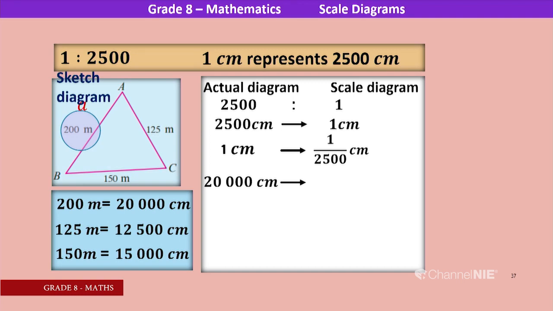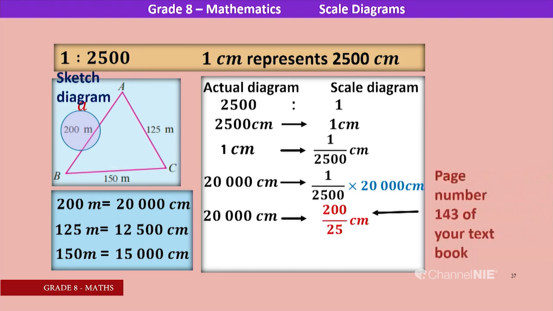Then what to do? 200 multiplied by 100, 20,000. 1 multiplied by 20,000, this amount also multiplied by 20,000. Now you have 200 over 25, page number 143, 8 centimeter.